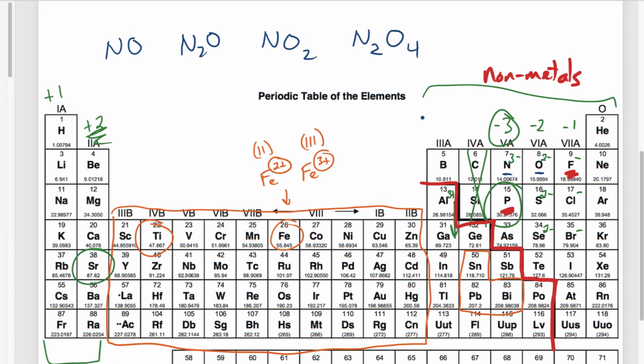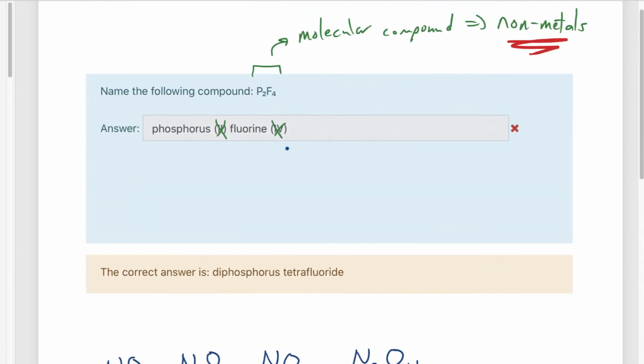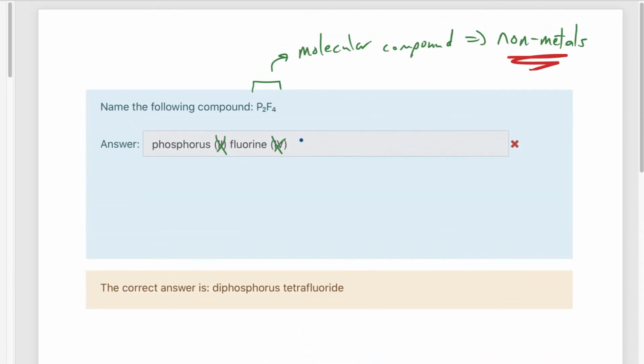Now, instead of using Roman numerals here, because Roman numerals are dedicated to charges on transition metals, instead we use the Greek prefixes. So a couple things here, right? So di for 2, where's the 2 coming from? It's the subscript there. Tetra for 4, and you can find these prefixes in the textbook for chapter 5 for 092 class.